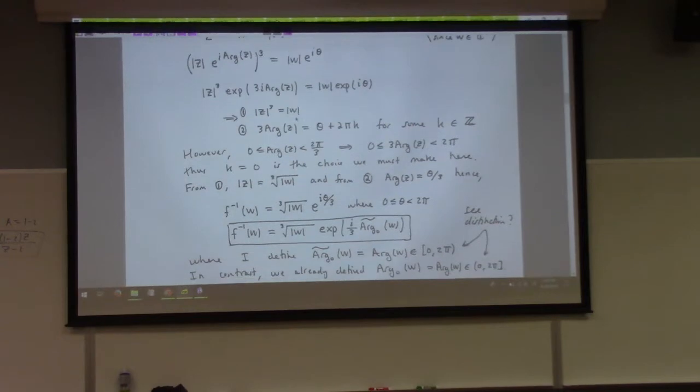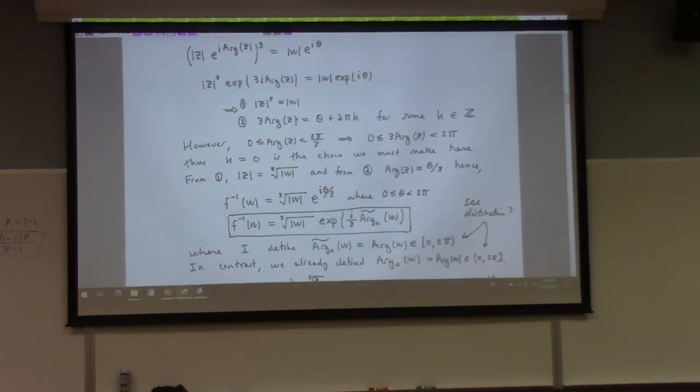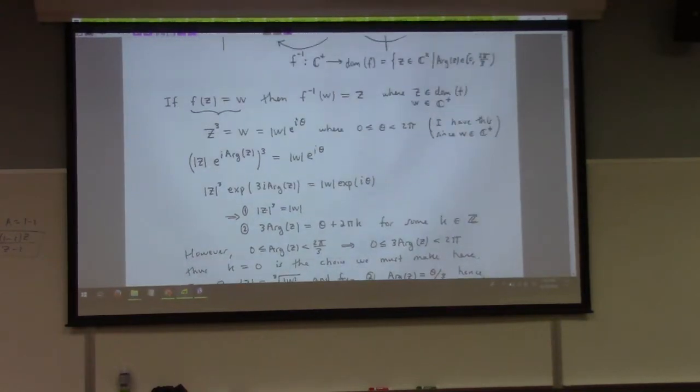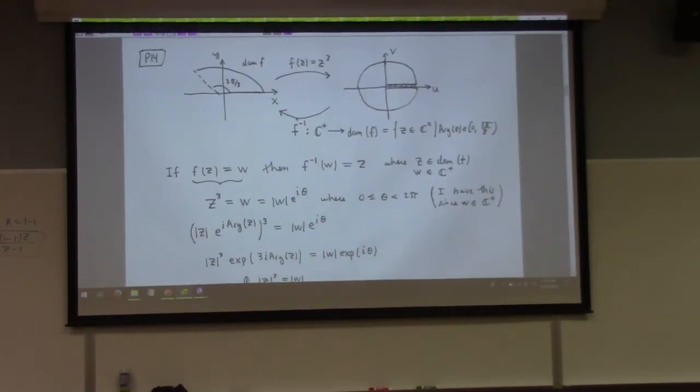So for the picture up in the top, are you saying that instead of removing the slit on the positive real axis, we're removing the slit on the negative real axis based on the way you defined it? I don't think I'm saying that. I think that this is the same problem you're given, right? The angle 2 pi over 3 is deleted, angle 0 is included, right?